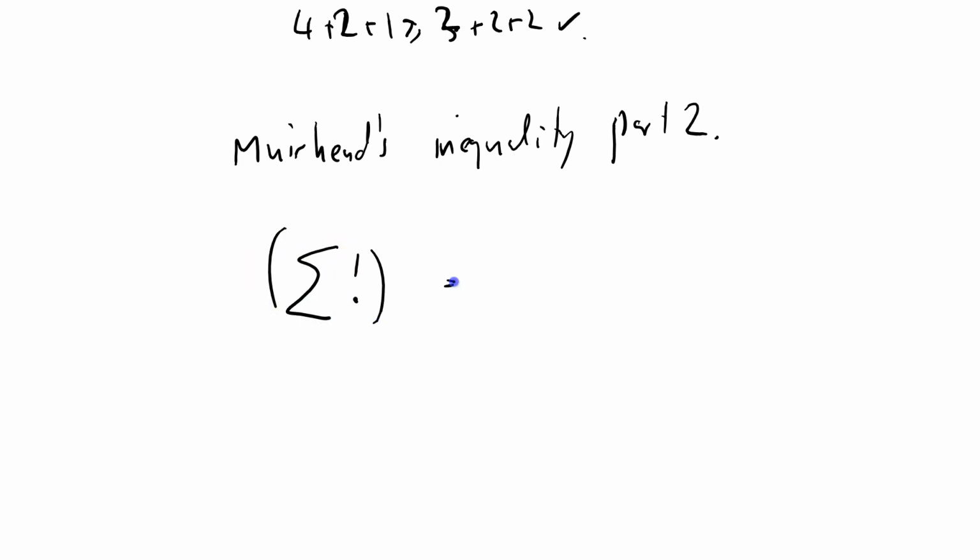This is the sum over all permutations. That's how you say it. And I'm going to give you an example.